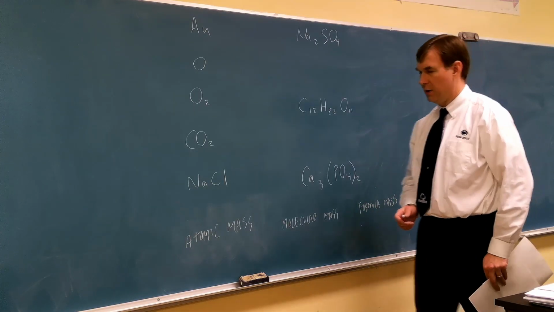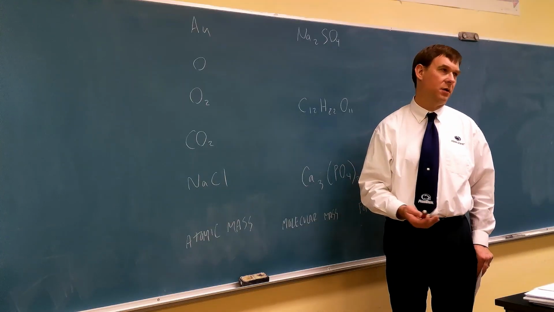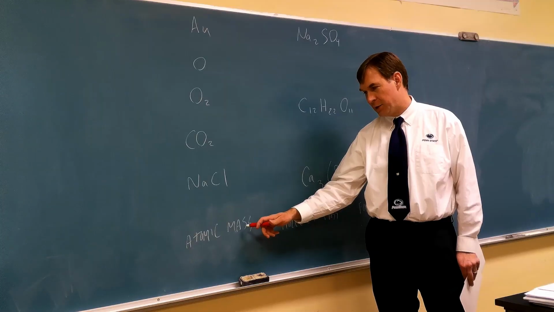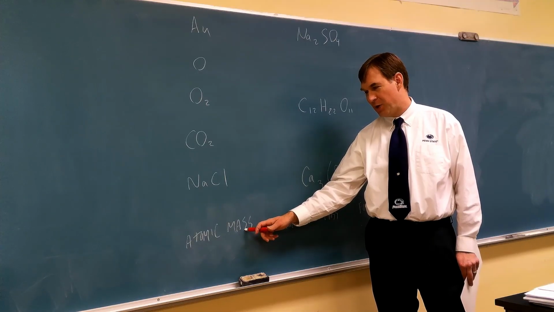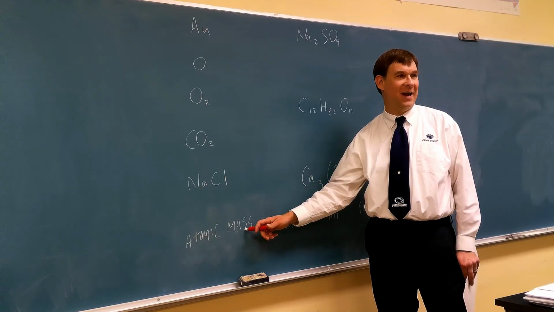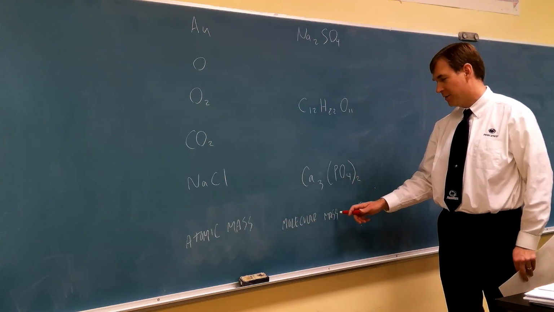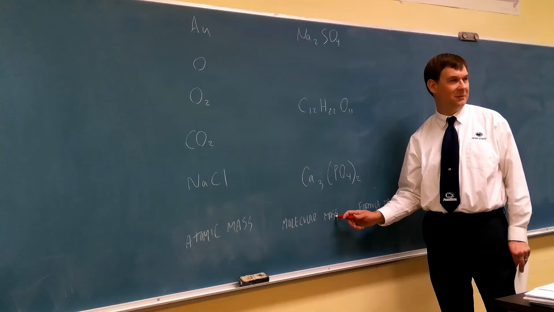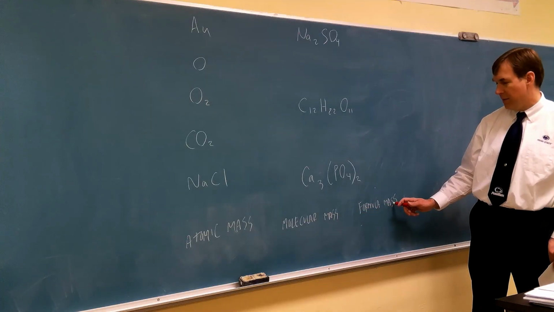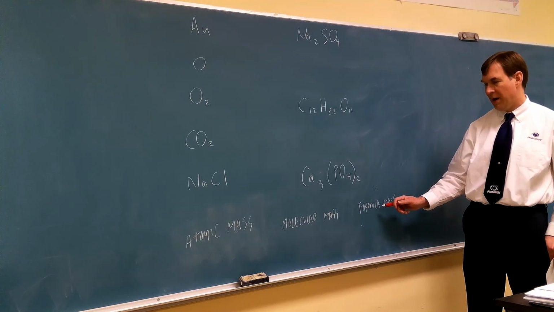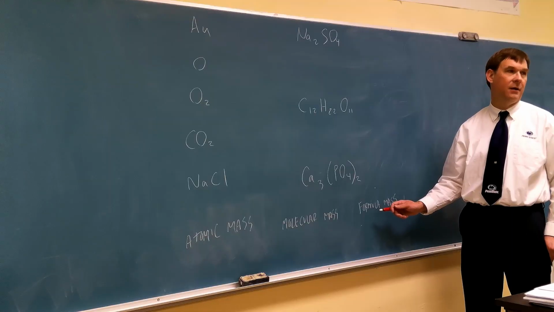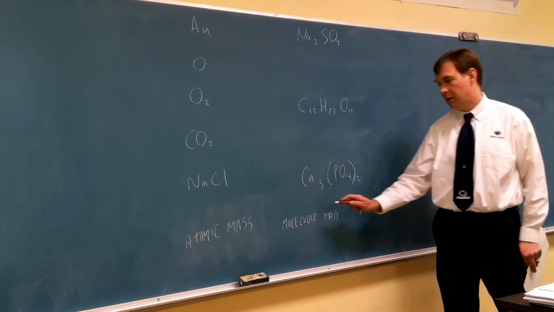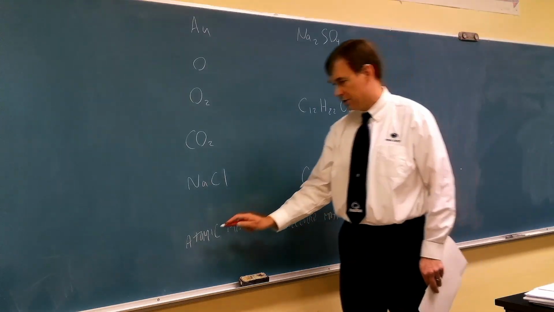You're not going to really tell the difference from one to another when you're doing math with this. The technical difference is atomic mass is unsurprisingly the mass of an atom, whereas a molecular mass is the mass of a molecule. And the formula mass is the mass of a different thing that we talk about less, called a formula unit. So there are formula units, molecules, and atoms.